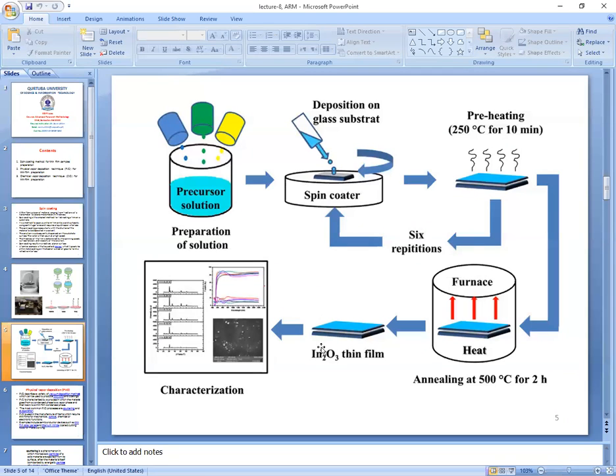So after that we characterize the material for different properties. All this is about the spin coating method. Basically, the start is from the preparation of a solution, and the solution can be obtained by the sol gel method.